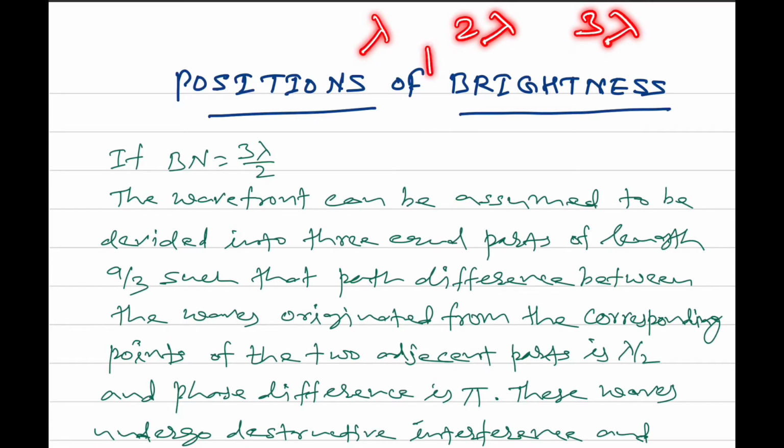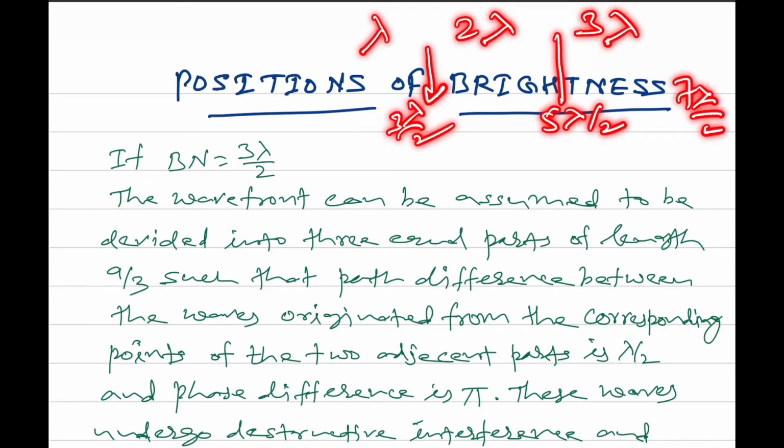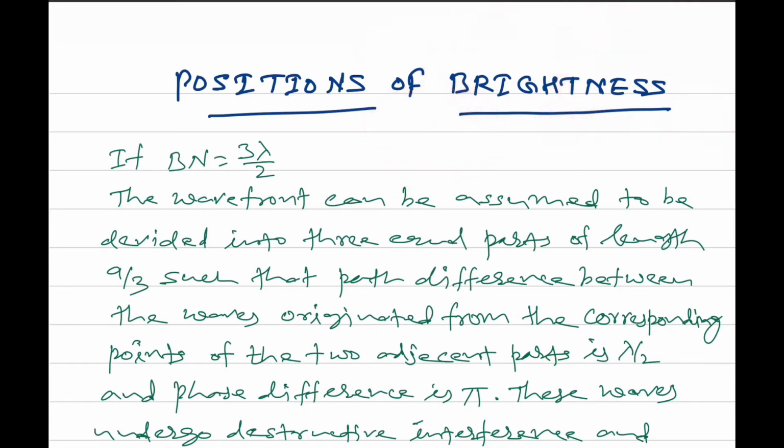In between these values, it is 3 lambda by 2, 5 lambda by 2, 7 lambda by 2 and so on. So if you want to find the positions of bright fringes, then we have to go for the distances in between the above values. So the least possibility here is 3 lambda by 2.